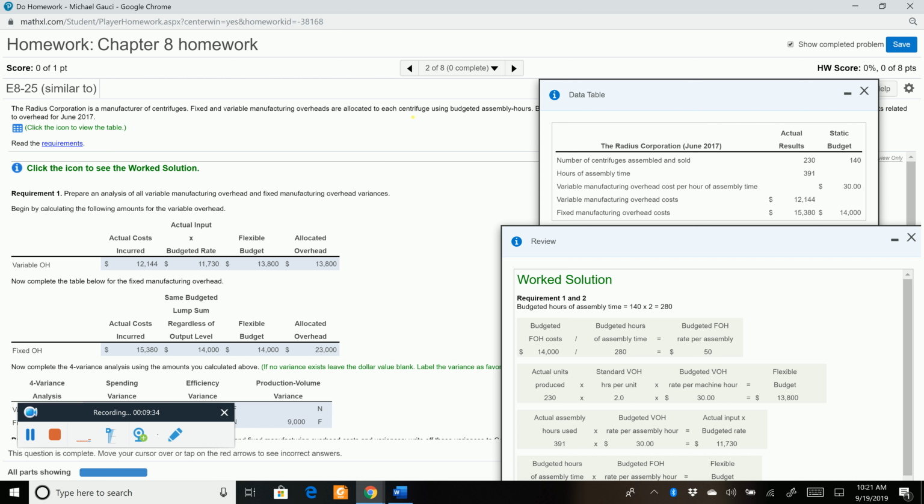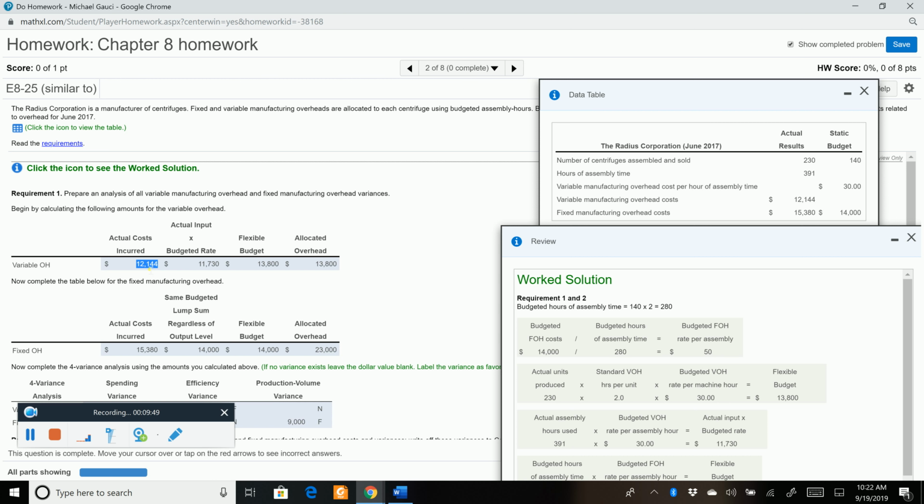And remember what we have. We have this 3-column approach. All right, the first column is basically going to be the actuals. So the actual variable overhead, the author gave that number to us in our table, $12,144.